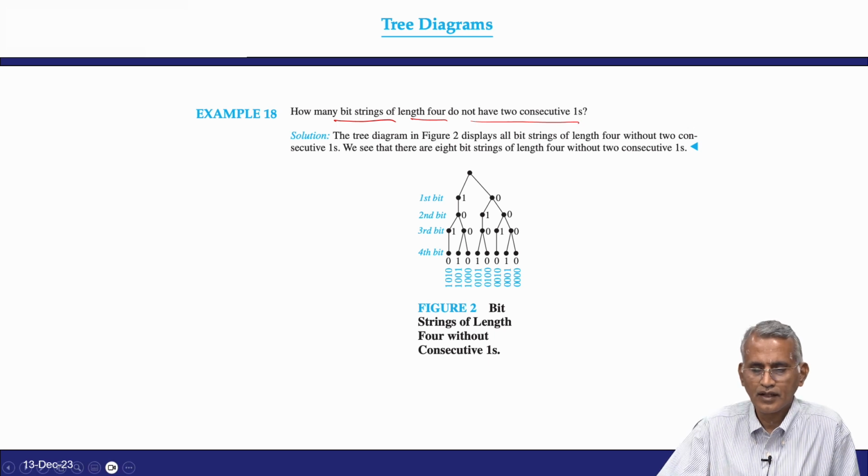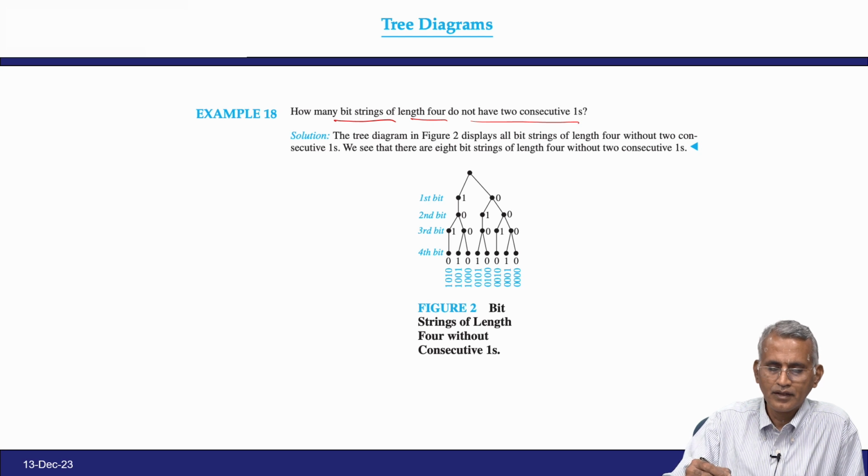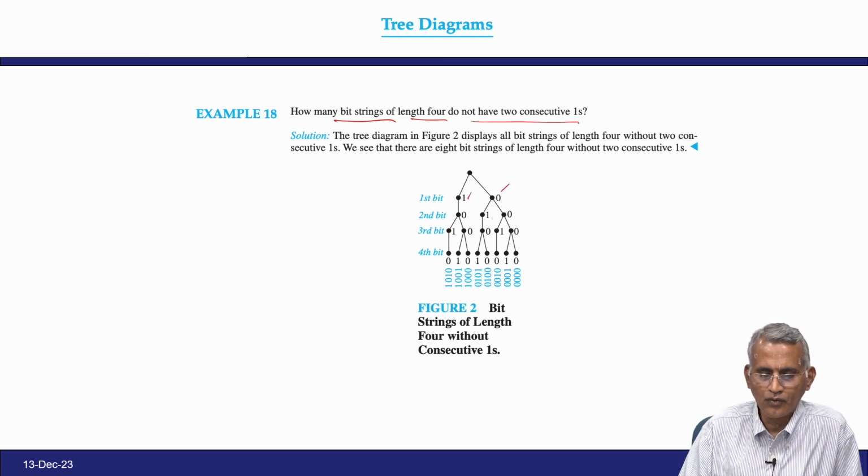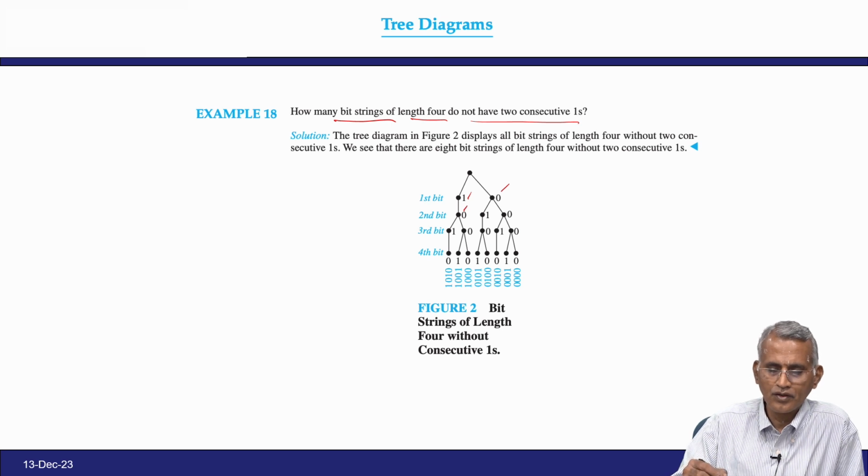Bit strings start with 2 possibilities, one is 0 and another is 1. Therefore, the first bit is 0 or 1. The second bit is 0 or 1, but not consecutive ones. Then the third bit possibilities are 1, 0, 0, 1, 0, like that.